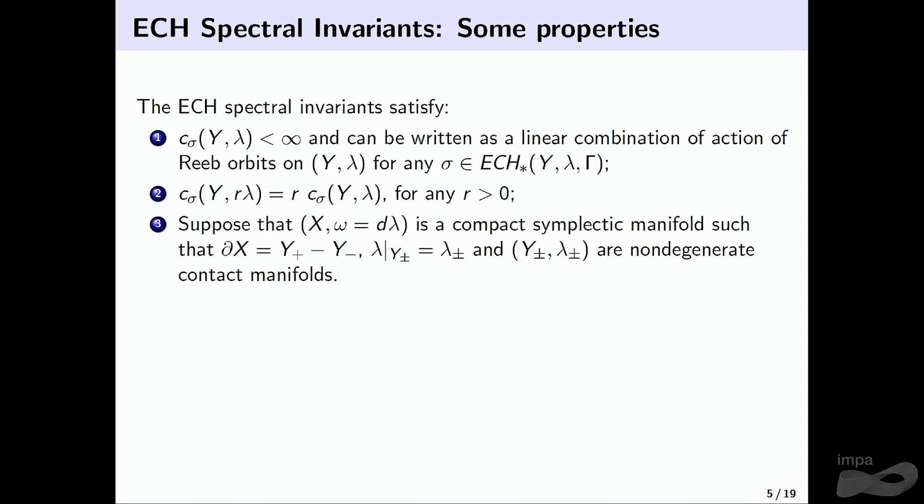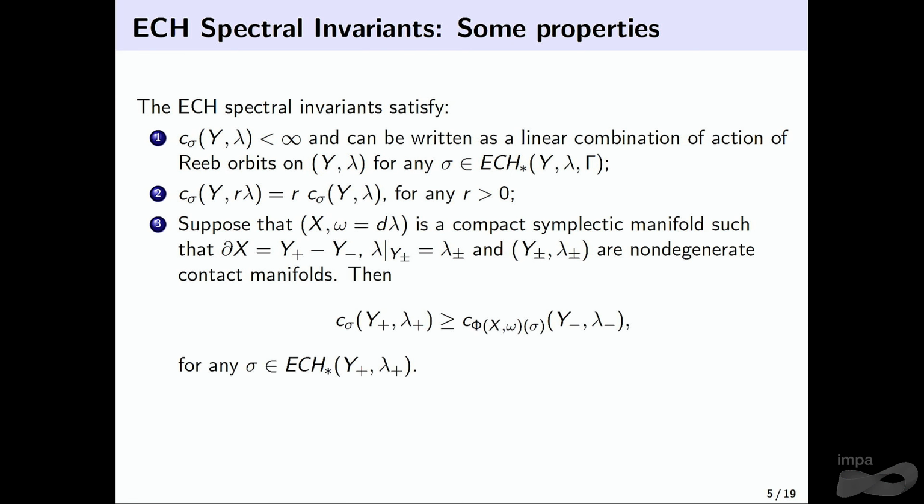If you have a symplectic cobordism, which is exact in the sense that the symplectic form is exact, and it has boundary on two contact manifolds, and these manifolds are non-degenerate, you'll have a cobordism map arising from Seiberg-Witten Floer homology. Hutchings and Taubes studied this map and proved some nice properties.